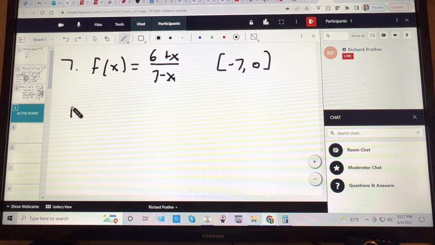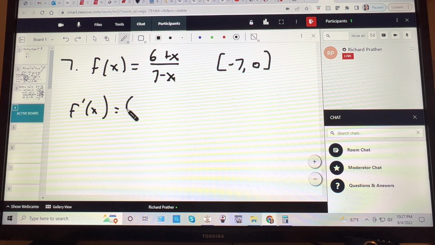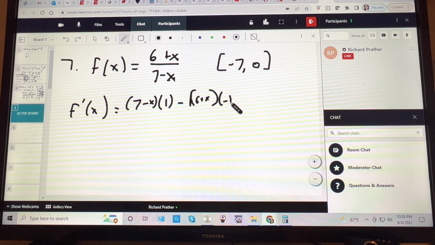Okay, so this is a quotient because I have a function of x in the numerator and the denominator. So I got to use the quotient rule. Second times the derivative of the first, which is just +1, since that's a linear piece, minus the first. The derivative of the second is -1 on that linear piece, all over the second squared.